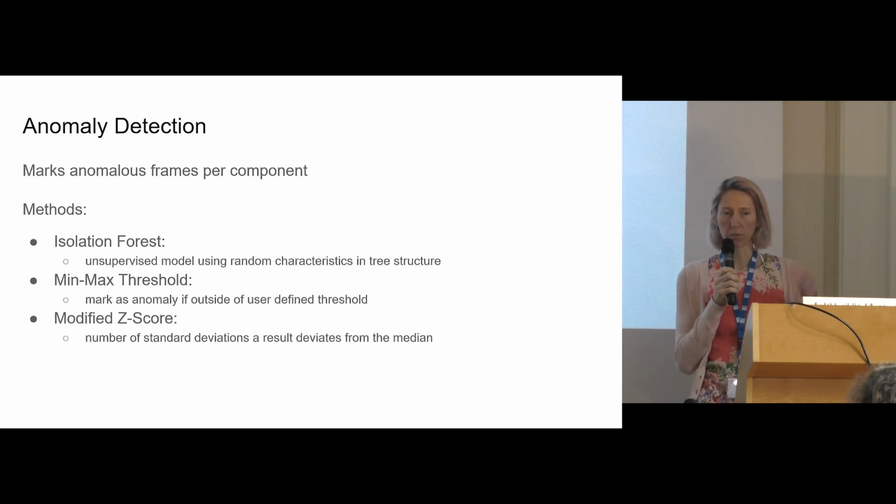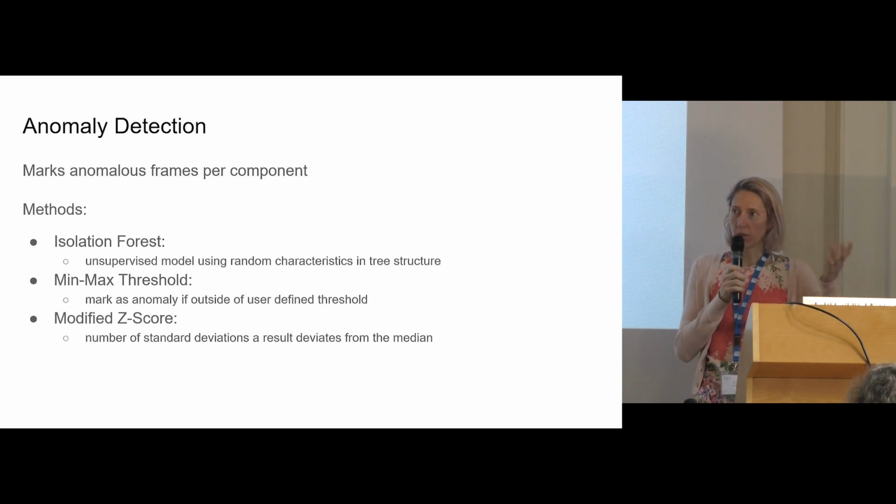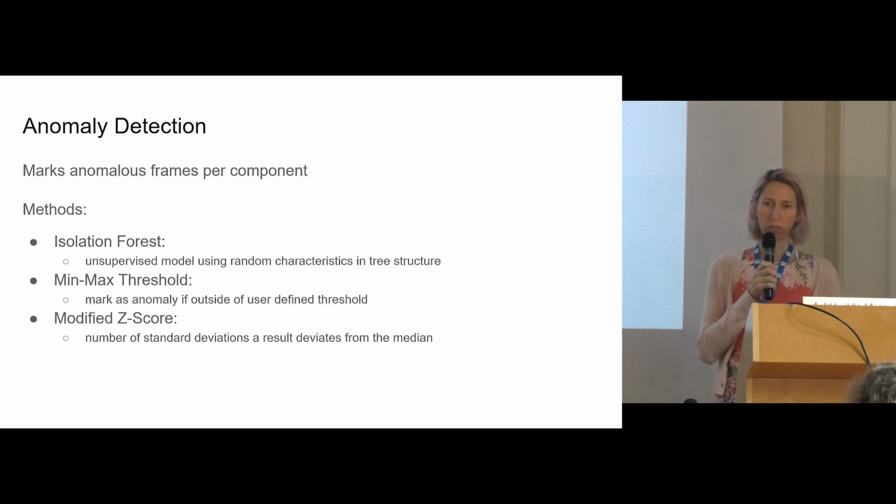It just marks all the points over or under a certain percentile as anomalous. And the modified z-score calculates the number of standard deviations a value is away from the median. So these are the 3 types of anomaly detection we performed for now. We can exchange them for any other.